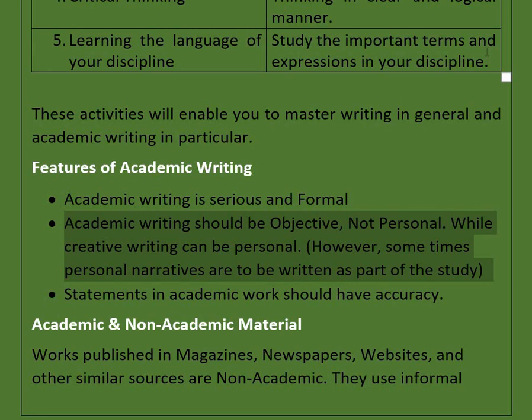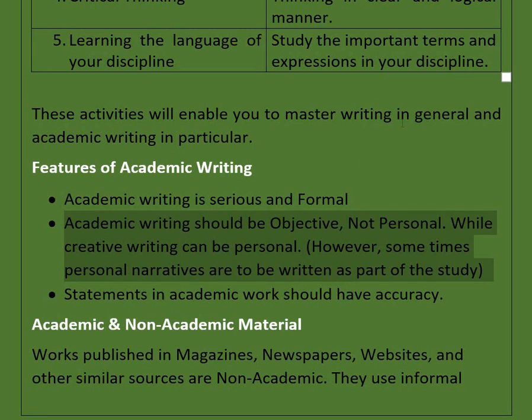For example, you may attempt an essay about a journey you have taken to some place, sharing your personal memory about a travel occasion. So academic writing should be objective, not personal. So there are exceptions, but generally they are objective.